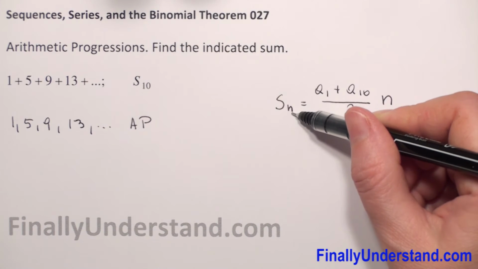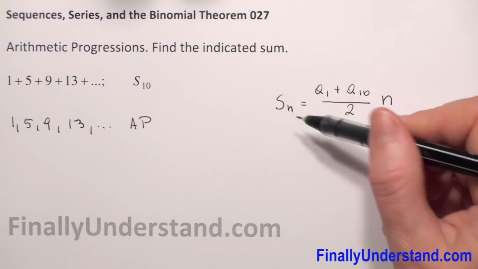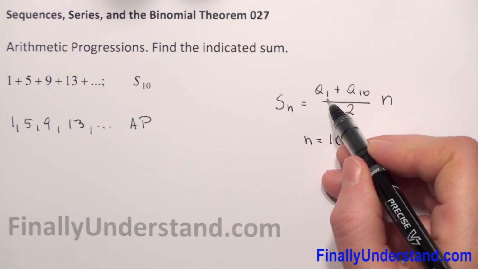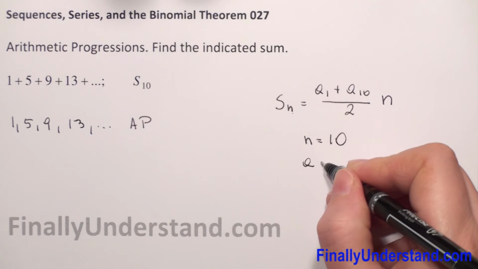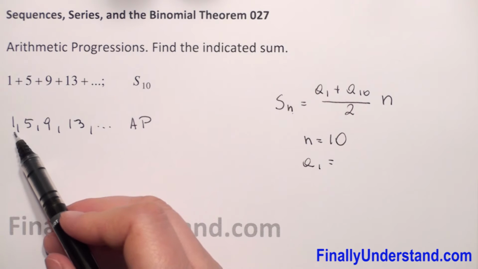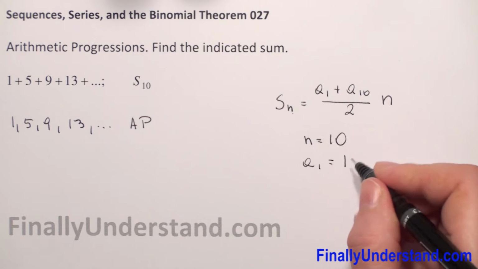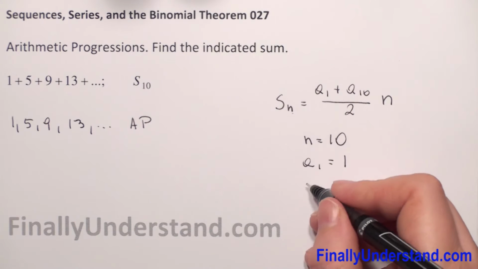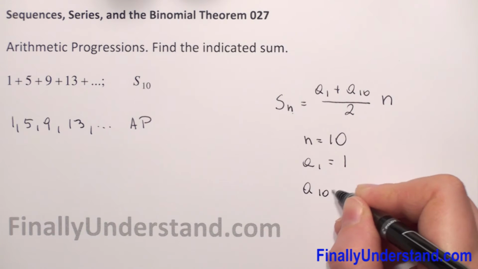We have to find the sum of 10 terms, so n is equal to 10. a1 in our example is equal to 1, and what else do we need? We need to find a10.